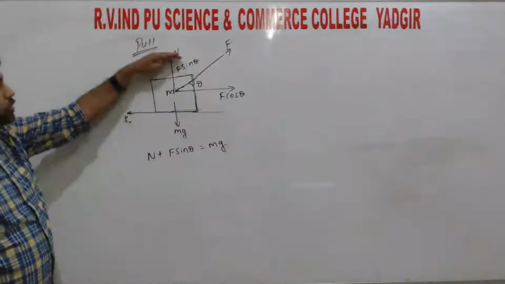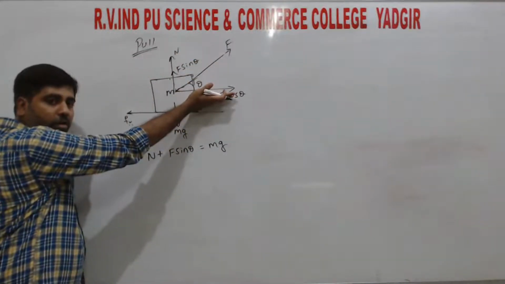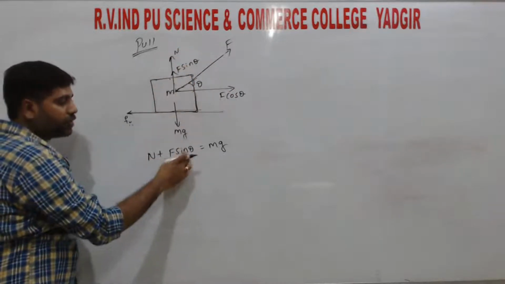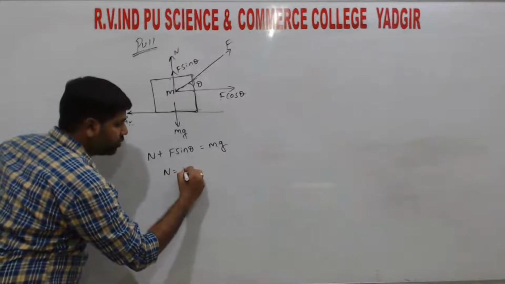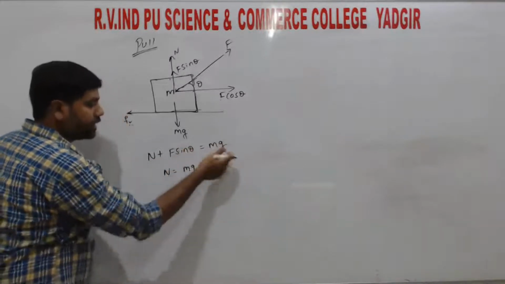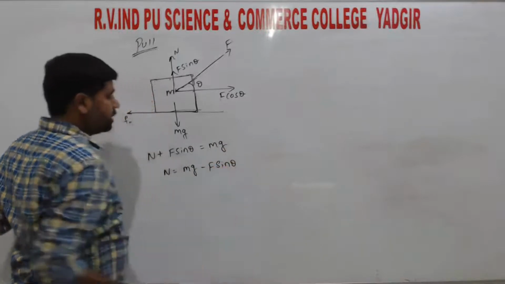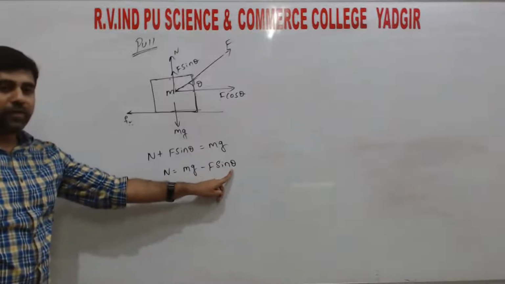Upward, two forces are acting: one is the component resolved along the horizontal and the other is resolved along the vertical. So n plus f sin theta is equal to mg, right? From this we can write n is equal to mg. We shift this term to the RHS, that is minus f sin theta, right? So n is equal to mg minus f sin theta, right?